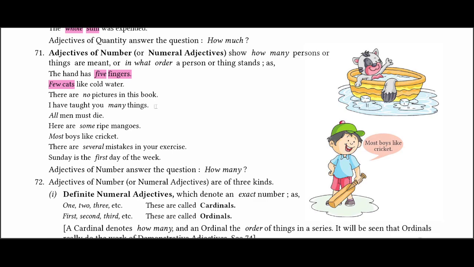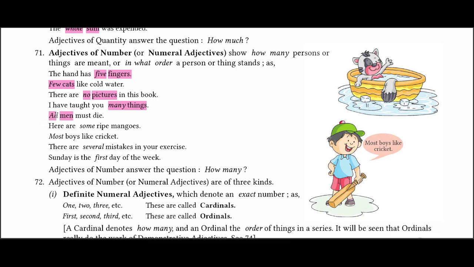There are no pictures in this book. Pictures is a countable noun and no is telling the number of this noun. I have taught you many things. Things is a countable noun and many is telling the number of this noun. All men must die. Men is a countable noun.